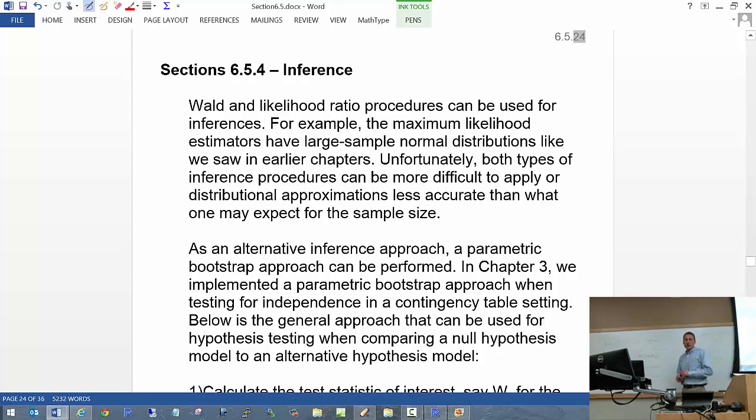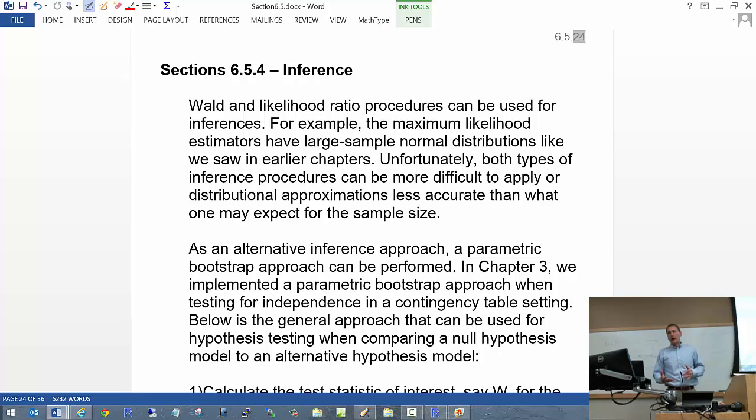Okay, so let's move on to section 6.5.4, inference. Meaning I want to be able to do hypothesis tests. I want to do confidence intervals corresponding to the parameters that we have represented in our model. We are again using likelihood-based methods here. So because I have all my likelihood-based methods available to me to do inferences, Wald intervals, Wald tests, likelihood ratio tests, likelihood ratio-based intervals, I have all those available to me.